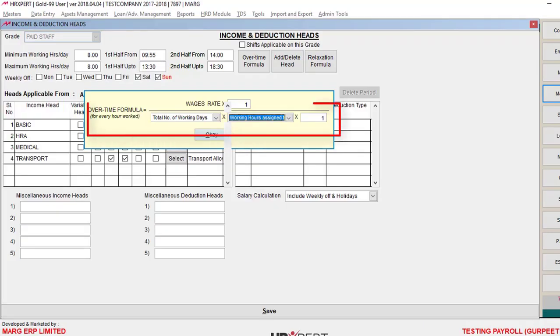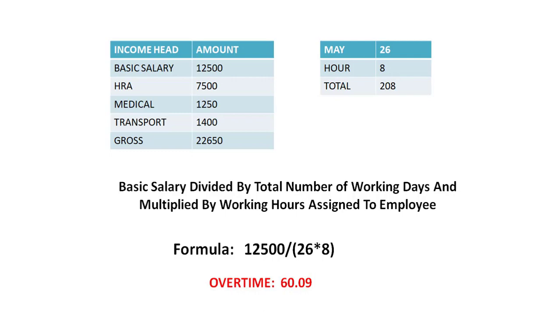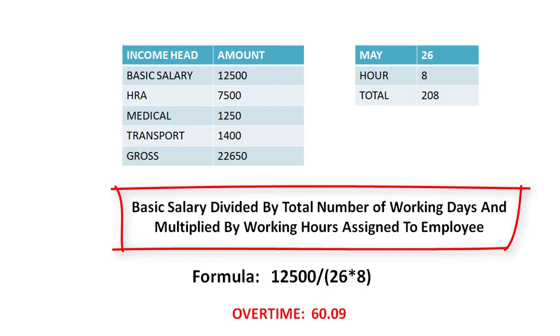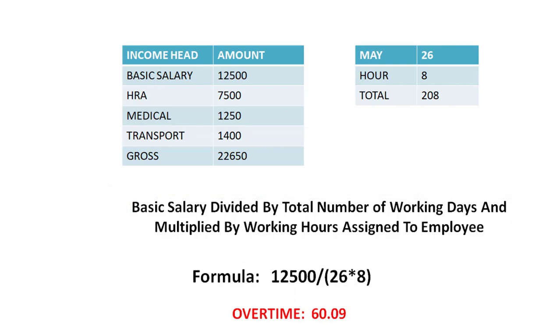Similarly, we will see the next formula: total number of working days into working hours assigned to employee. Now we will understand it through an example. Here we are calculating OT on basic salary. So we put the formula: basic salary divided by total number of working days and multiplied by working hours assigned to employee. Suppose basic salary is 12,500.